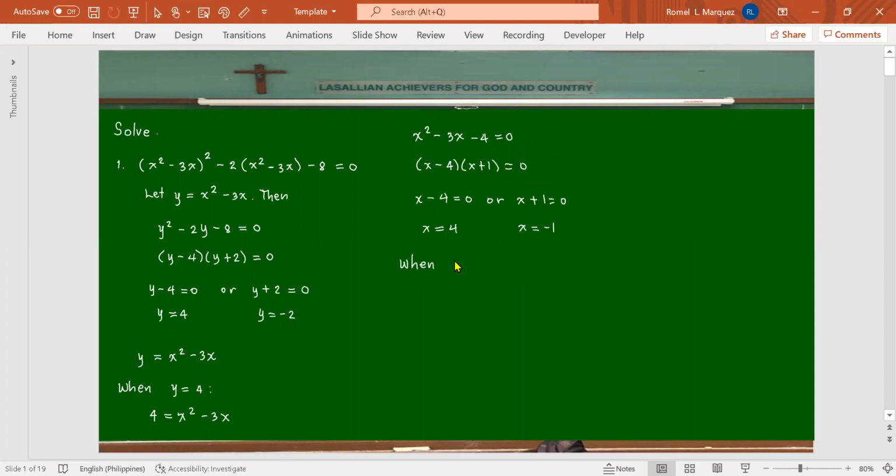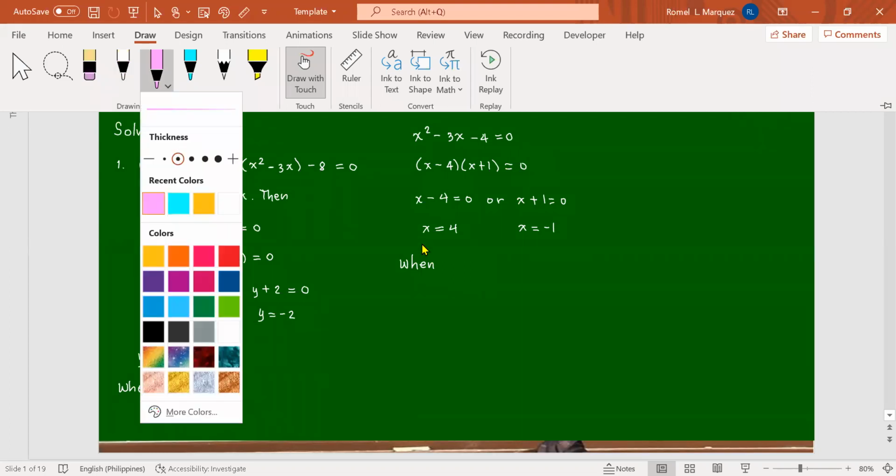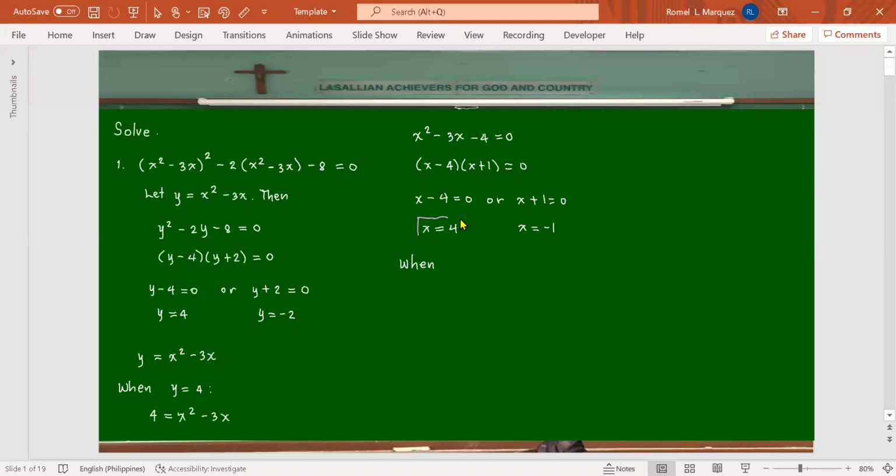Now we have these two possible roots: x equals 4, x equals negative 1. But there are other possible roots. Any question now?